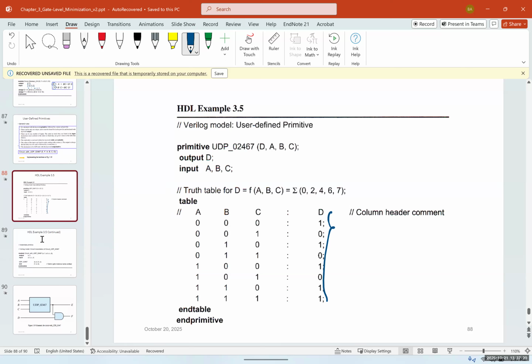The Boolean expression is the easiest. The logic gates sometimes get confusing because you have to follow the propagation and the delay if you have the delay. And the truth table takes the most time, usually. Sometimes for the truth table, you can actually give it an Excel file as well. So put in all the inputs and outputs, and you can import it directly to this as well.